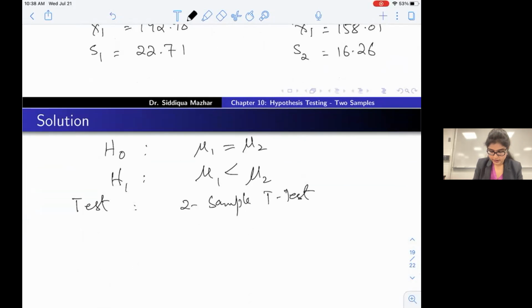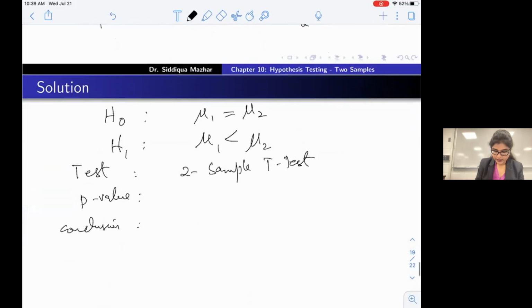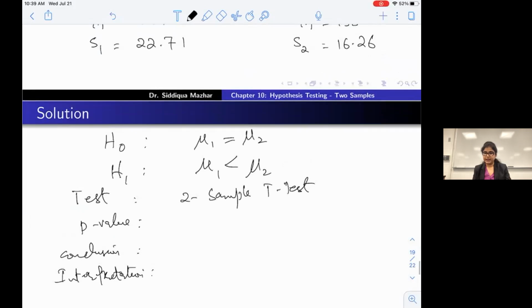Then you have to calculate your p-value, write the conclusion, and write the interpretation. If your p-value is smaller than alpha, it means you are rejecting H naught, which is the null hypothesis. So alternatively, you are accepting H1 in terms of writing.